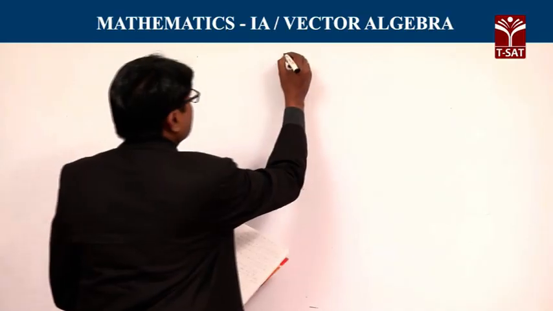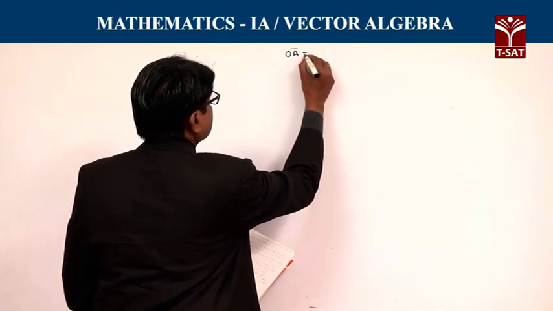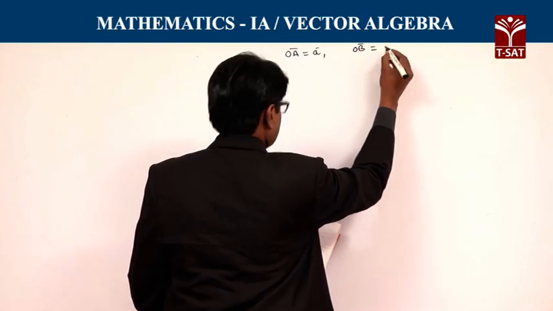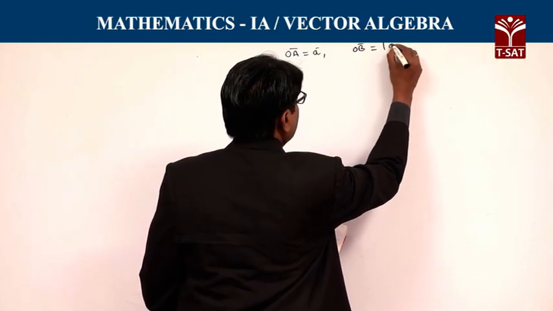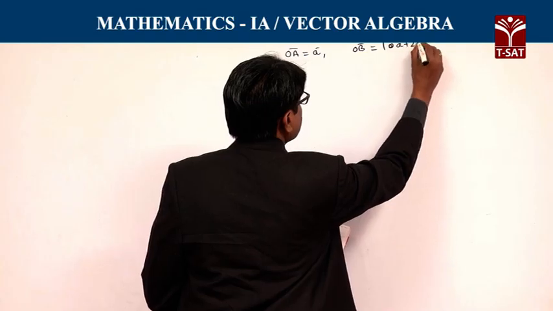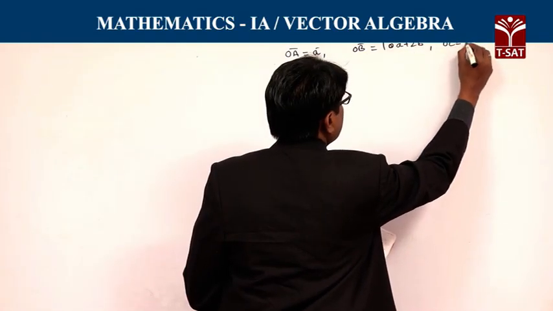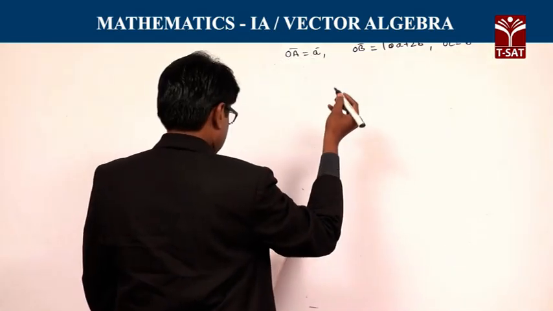Okay. Now given that OA bar is equal to A bar. OB bar will be equal to 10 times of A bar plus 2 times of B bar. OC bar is equal to B bar.